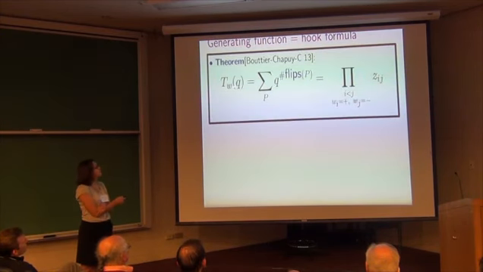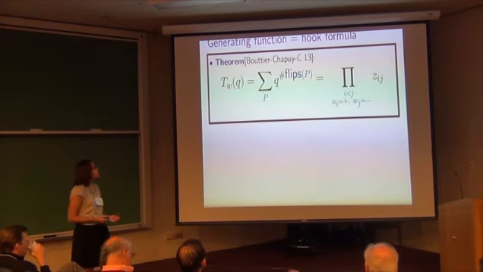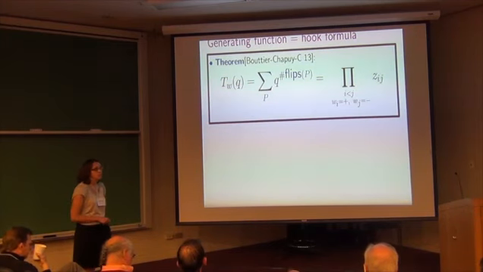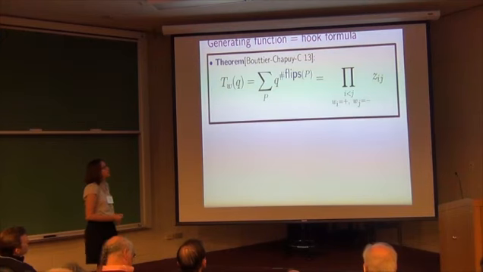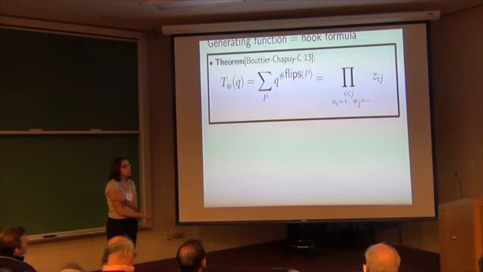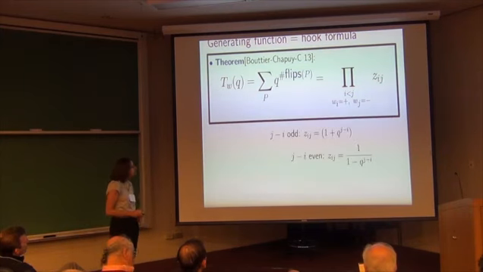I want to count, given a period, the number of steep tilings that I can obtain, counting them with q to the number of flips. I have my unique minimal tiling, I do flips, I count them, and here is the result: a product over the word.